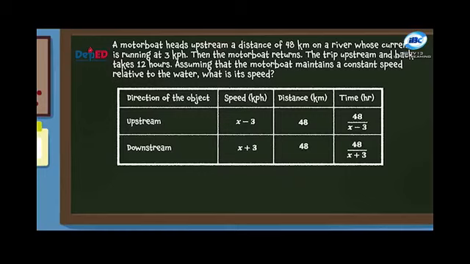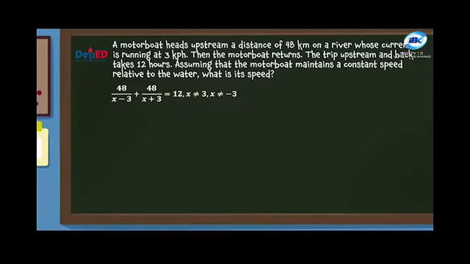As stated in the problem, the trip upstream and back takes 12 hours. We must write then this equation: 48 over x minus 3 plus 48 over x plus 3 equals 12, where the excluded values of x are 3 and negative 3.